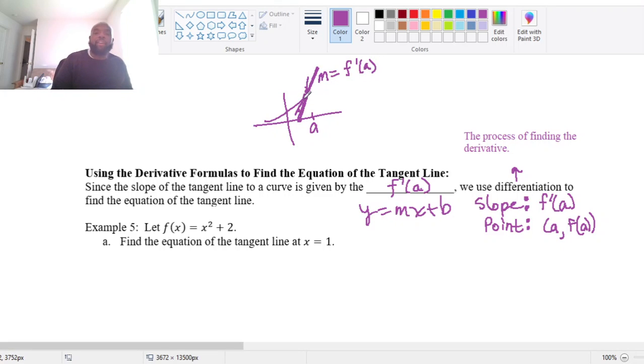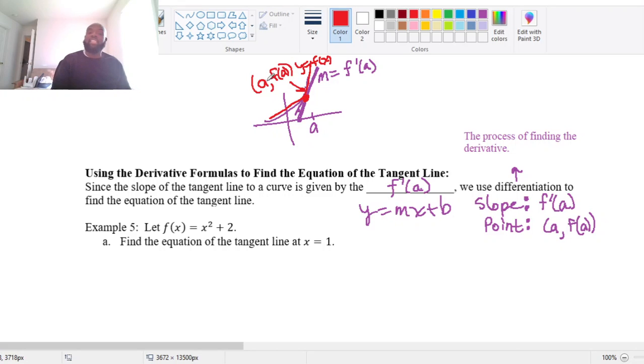And we know that because by the definition of a tangent line, the tangent line touches your graph at that point. If this is my function y equals f of x, then this point has an ordered pair a, f of a.